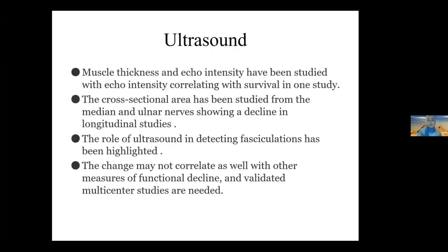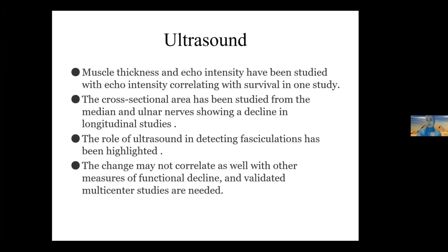Ultrasound, does it have a role? Now there's more talk about the use of ultrasound to diagnose ALS. The most common thing is that they say it's helpful for detecting fasciculations. Just by ultrasound, you can see that a muscle is fasciculating.